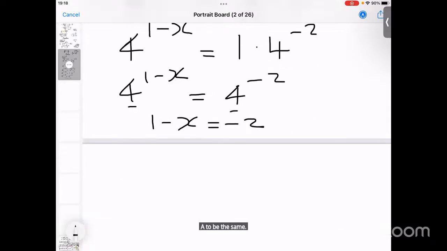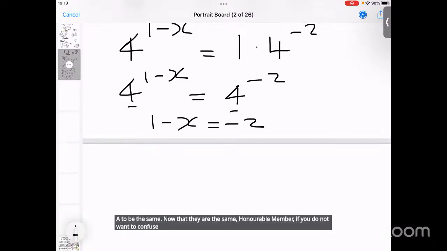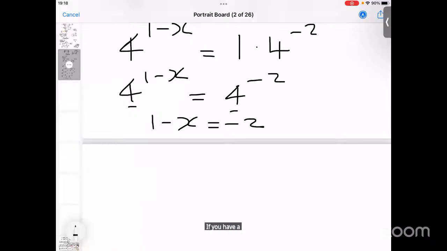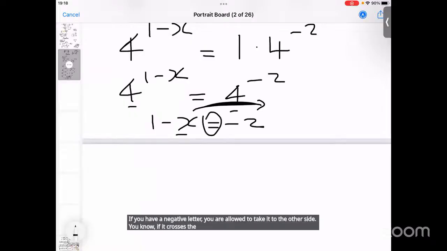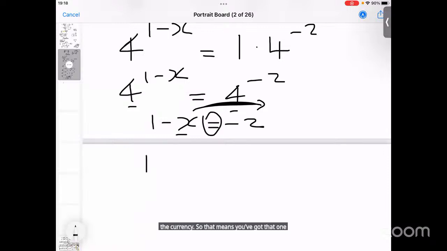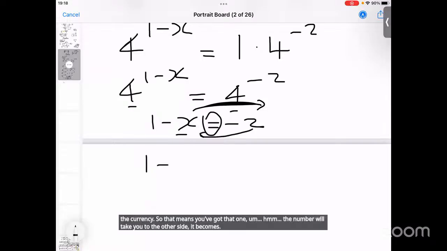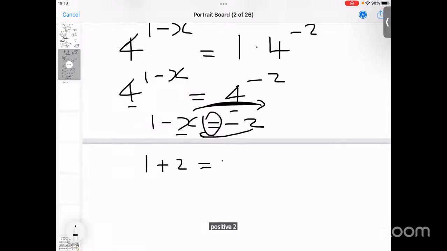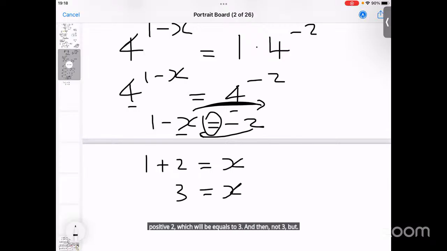We just wanted the base to be the same. Now that they are the same, if you do not want to confuse yourself, if you have a negative sign, you are allowed to take it to the other side. If it crosses the border, it changes the currency. So the number you take to the other side becomes positive 2, which will be equal to 3, and then 3 being equal to x.